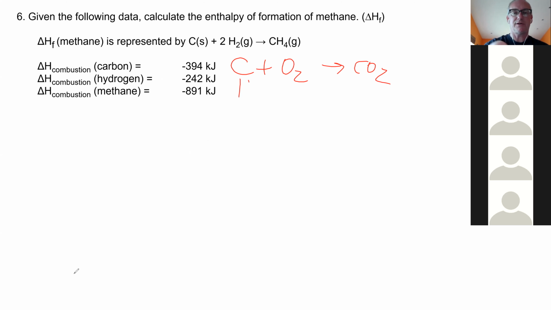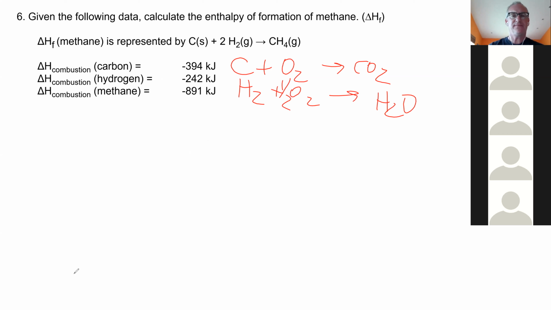Yes, H2 plus O2 gives water. But since delta H combustion means the combustion of 1 mole, this would have to be a half mole of oxygen because we're dealing with 1 mole of hydrogen. So 1 mole of hydrogen plus 1/2 mole of oxygen makes 1 mole of water.